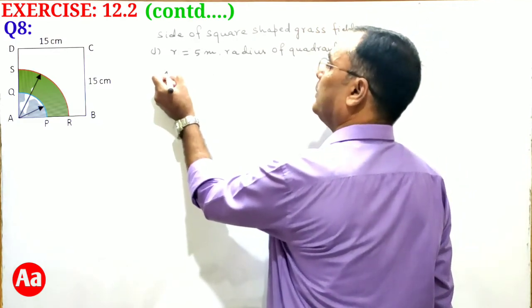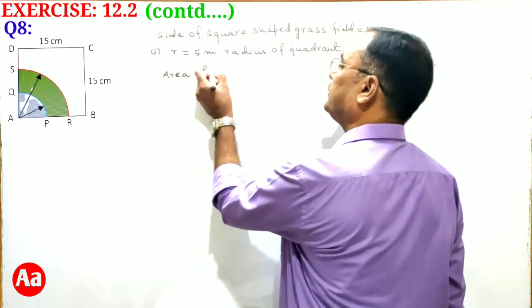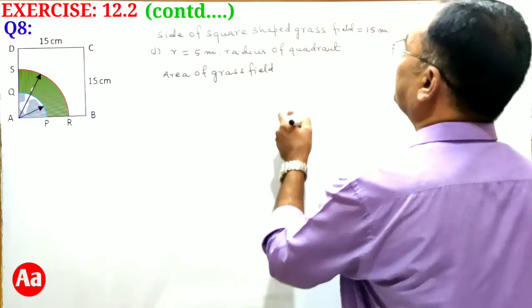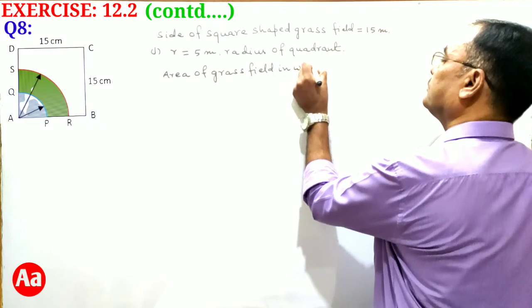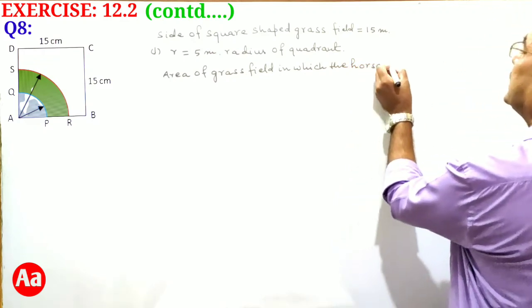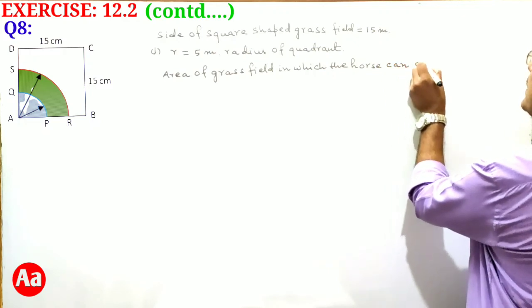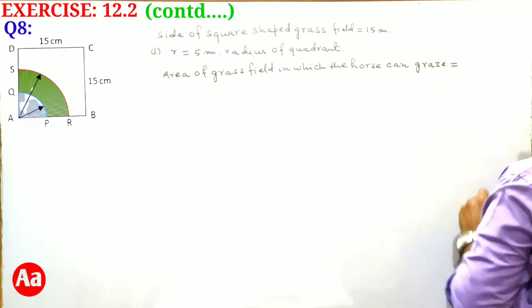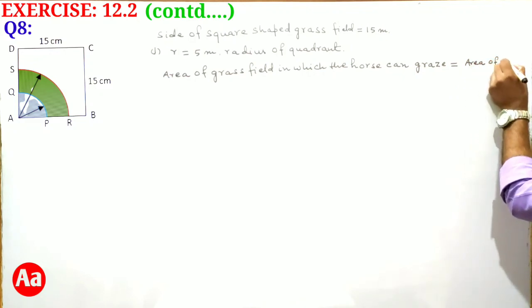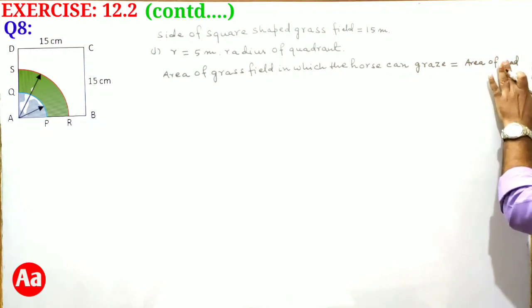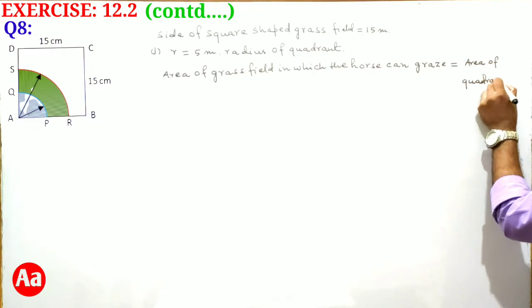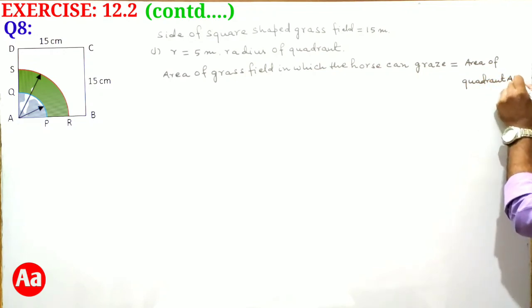So area of grass field on which the horse can graze equal to area of quadrant APQ.